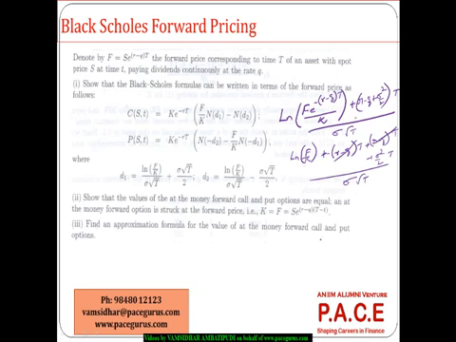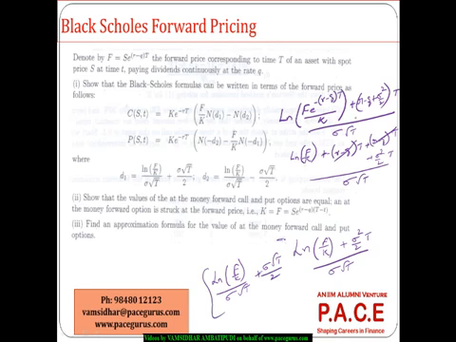So this and this go off, giving me log F by K plus sigma squared by 2 divided by sigma root t. So that's where I can expand it saying log F by K divided by sigma root t, and this gets evaluated as sigma root t by 2. So this is where the d1 is coming up.